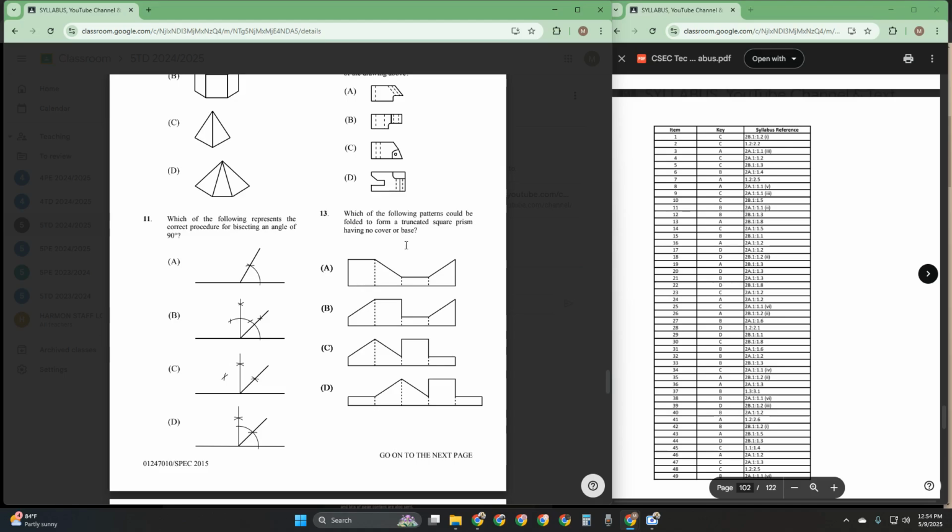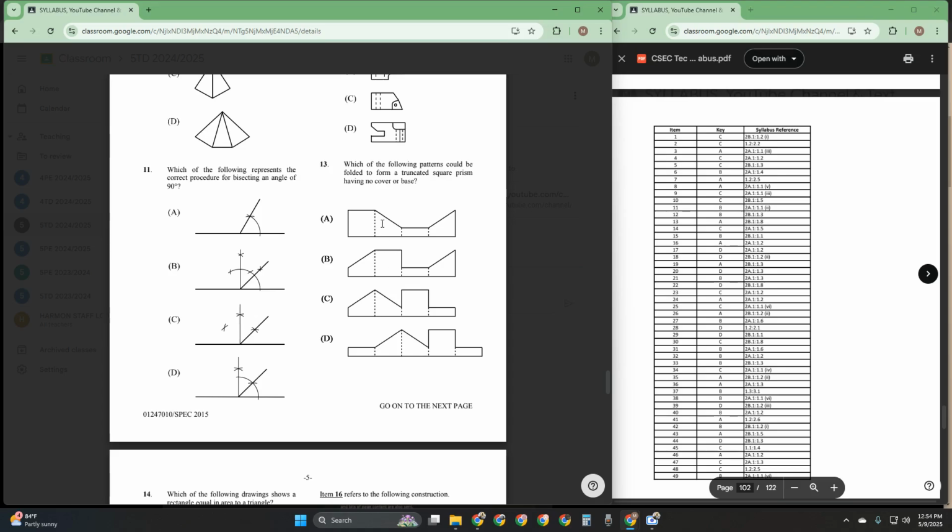Number 13, which of the following patterns could be folded to form a truncated square prism having no cover or base? So you're folding it to form a truncated square prism with no cover or base. These are the options.